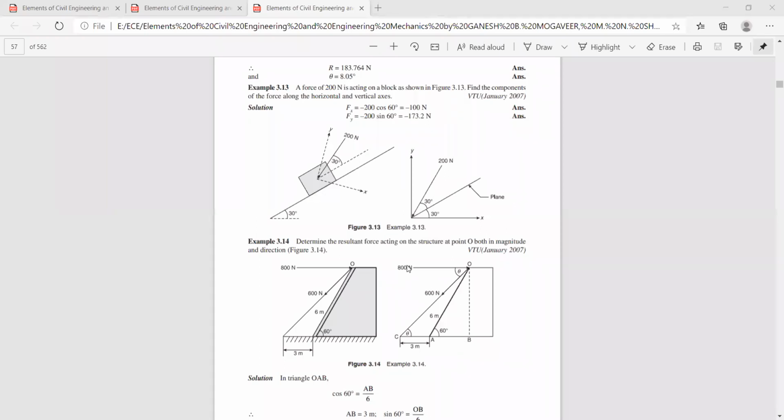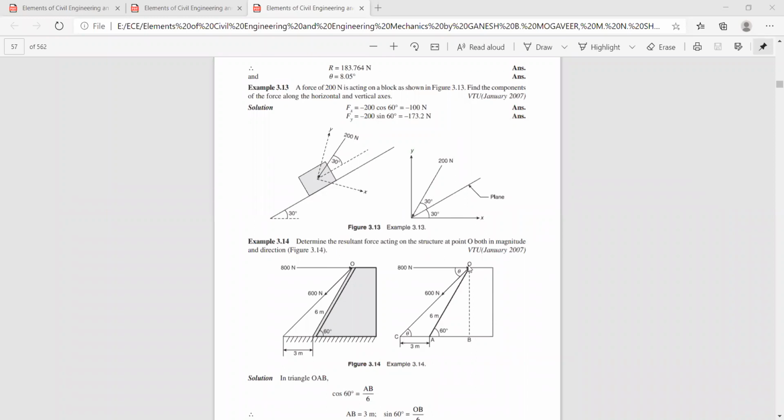Now you can see this figure. This is the force acting here at point O, and one more force of 600 Newton is acting here, and this length OA is 6 meter, and this is 3 meter. Now this angle is given to you, that is 60 degrees. Now you have to find this one.